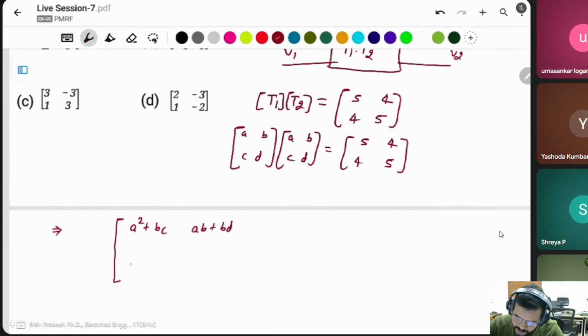This multiplication is CA plus CD, and this multiplication is D square plus BC. So 5, 4, 4 and 5.